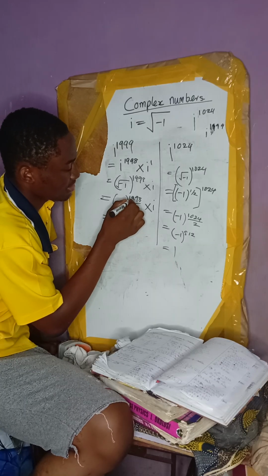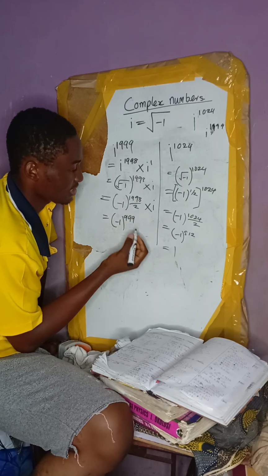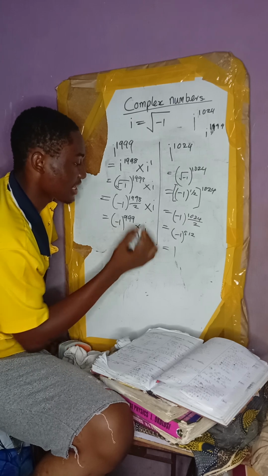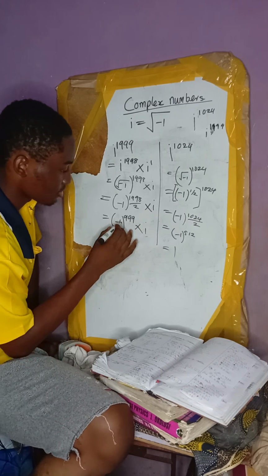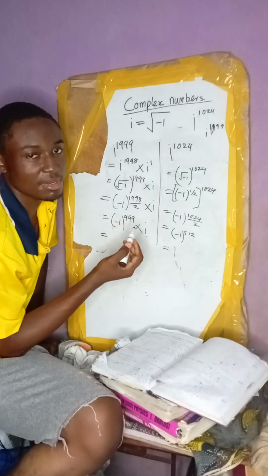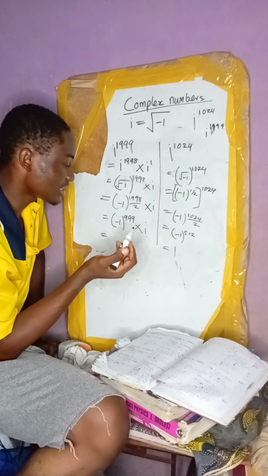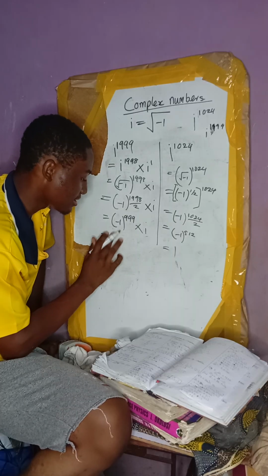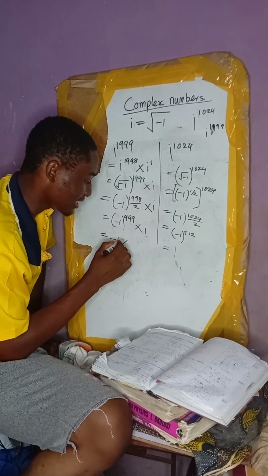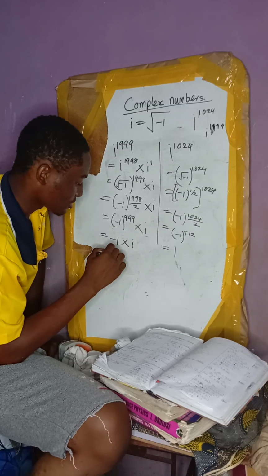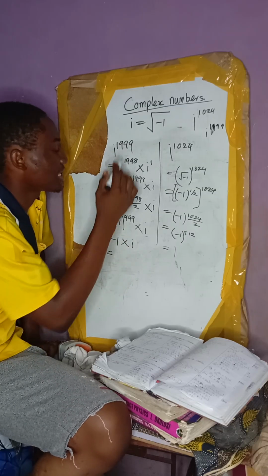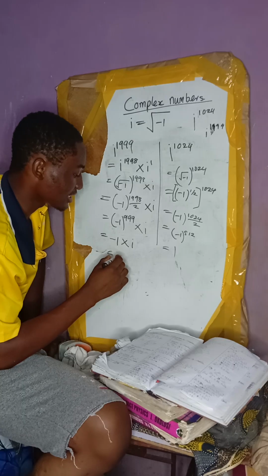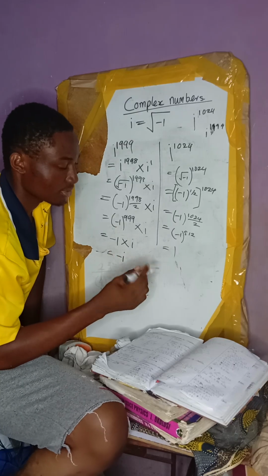So that's 999 times i. Since a negative number raised to an odd number always gives you a negative number, we have -1 times i. So hence i raised to power 999 is negative i.